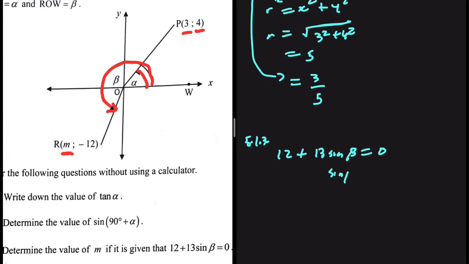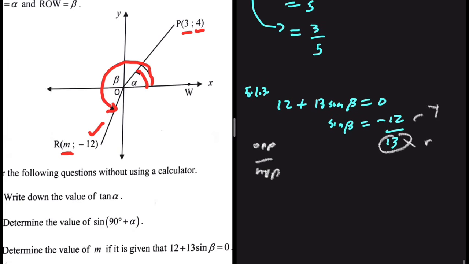So sine of v will be equal to minus 12 divided by 13. But we know that sine is equal to the opposite divided by the hypotenuse. The opposite is usually y, and the hypotenuse is r, obviously. From our coordinates, we have the y value, which is minus 12, and we have the hypotenuse, which is 13. We are looking for m.